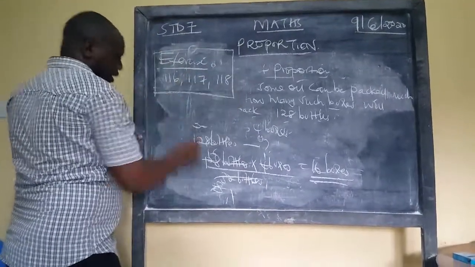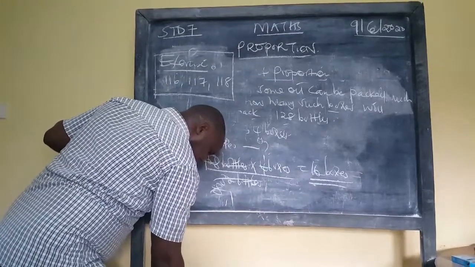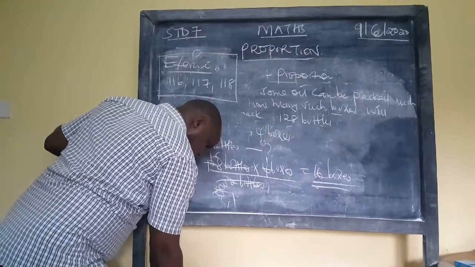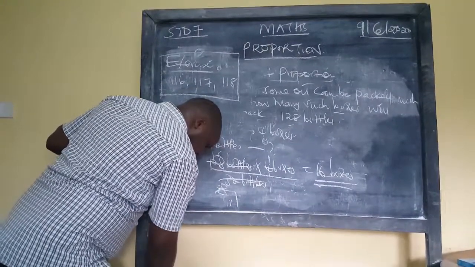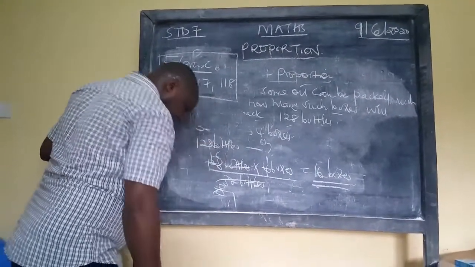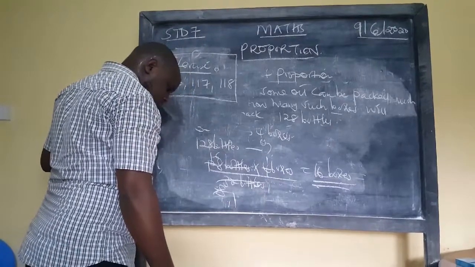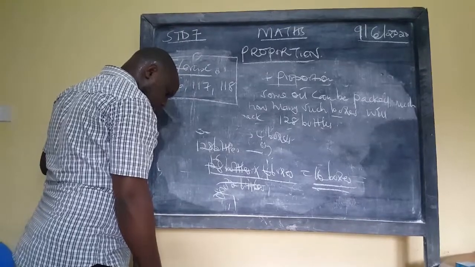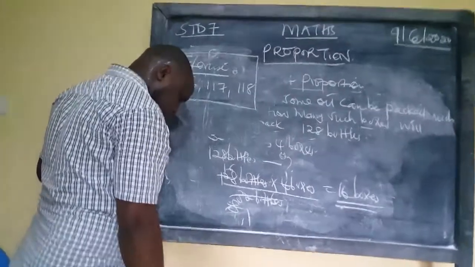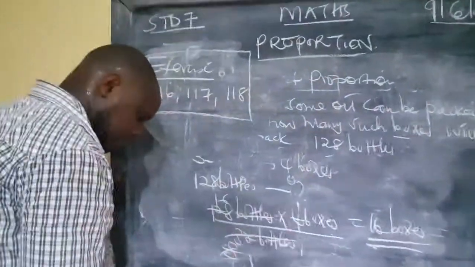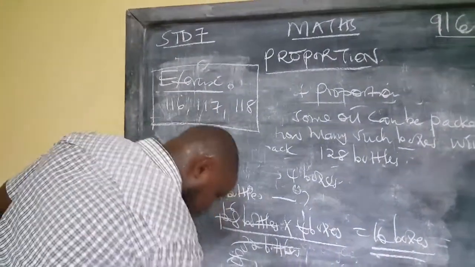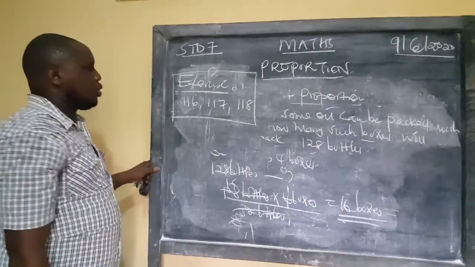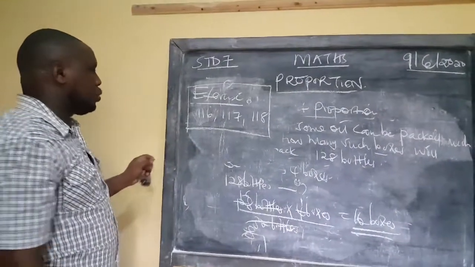These exercises are very key in what we have learned today, and so we need to be able to get them right. So I want to stop at that point and wish you all the best.